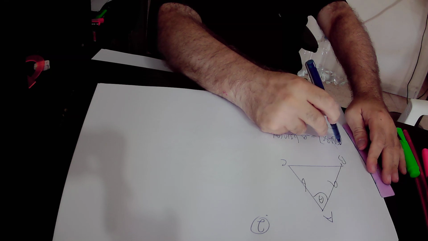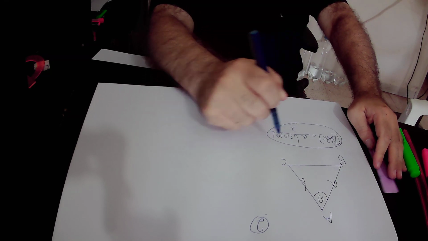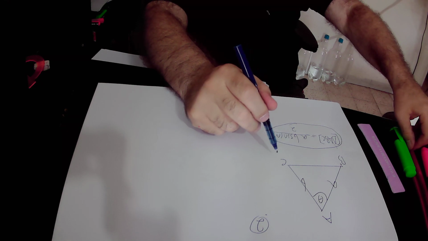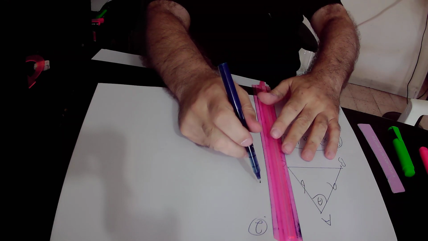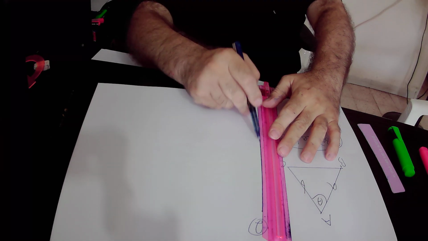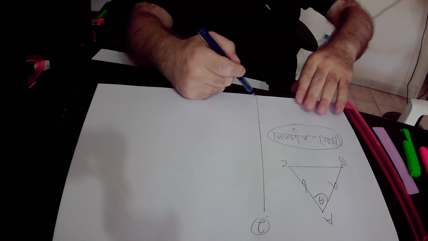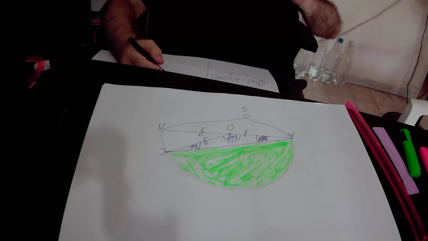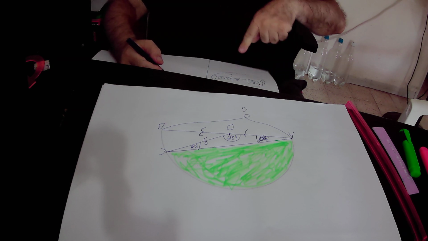Again, the area of this triangle, that could be any triangle, is equal to a times b times sine theta over 2. We'll implement the new formula to find the area of triangle AOC. So I copy triangle AOC to this new page.